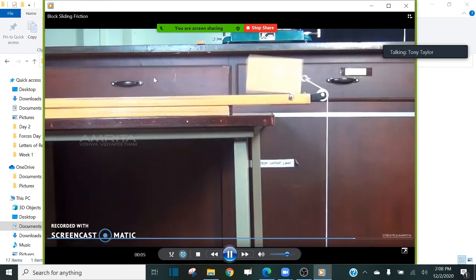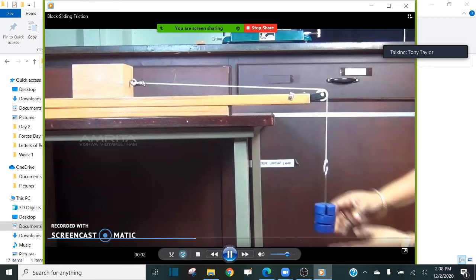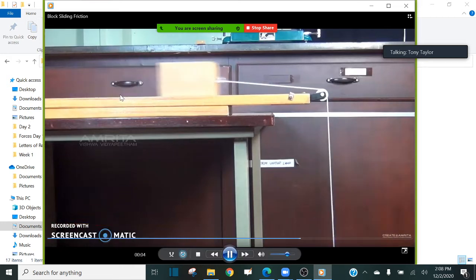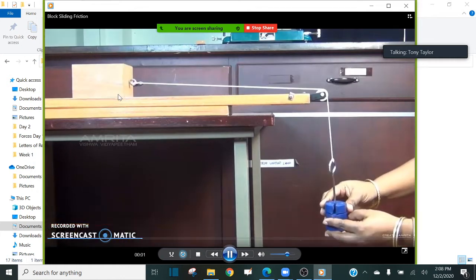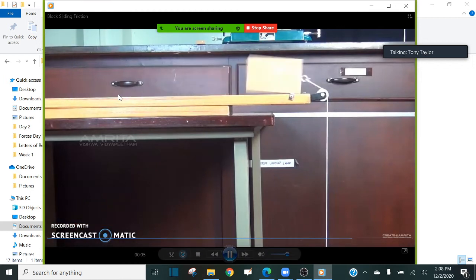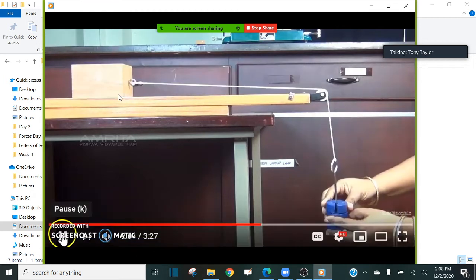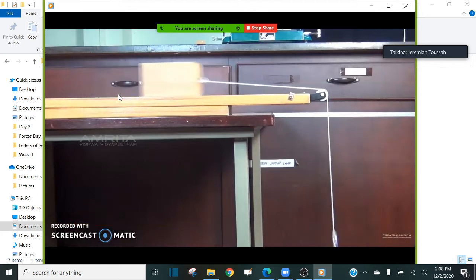If I wanted to know the frictional force acting on this block, I would need to look at its direction of motion. Can someone tell me, if I had to draw the arrow for the frictional force, where would that arrow be pointed on this video clip? Would it be pointed to the left or to the right? To the left, right?